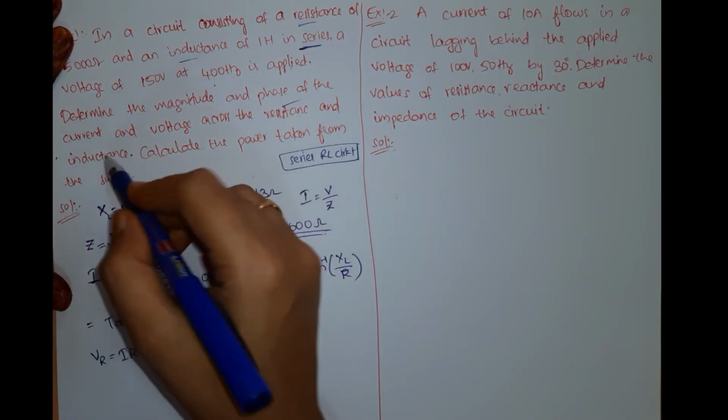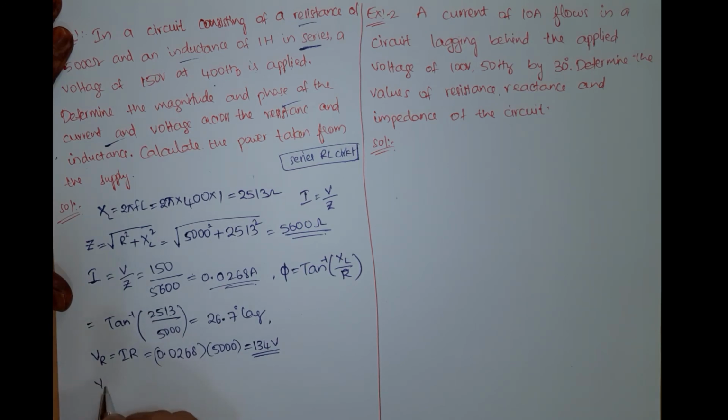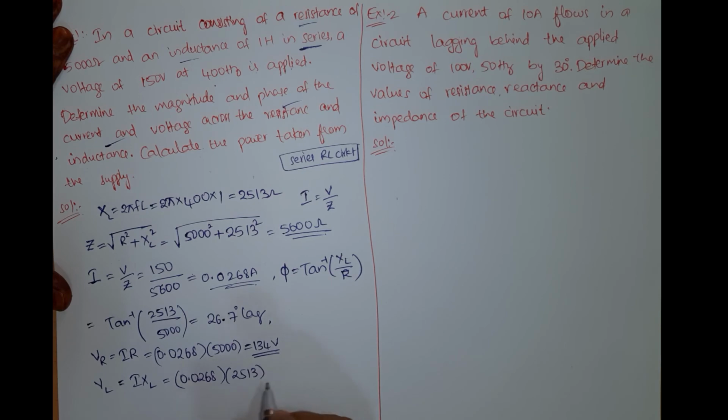Voltage across inductance we need to find out, which is nothing but VL. That is I into XL. So 0.0268, current is same, right? Series circuit. And XL value is 2513. So which gives you nearly 67.35 volts.